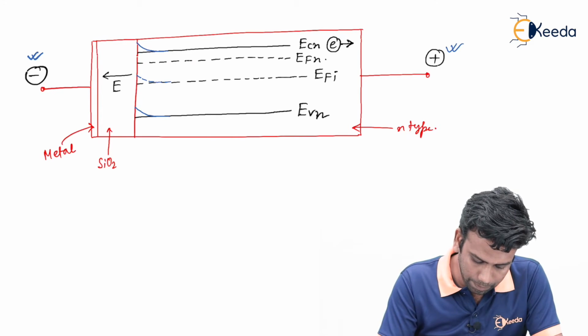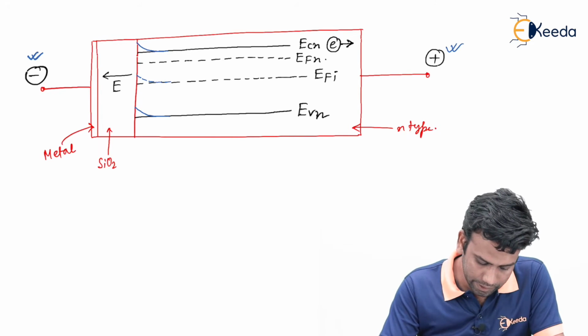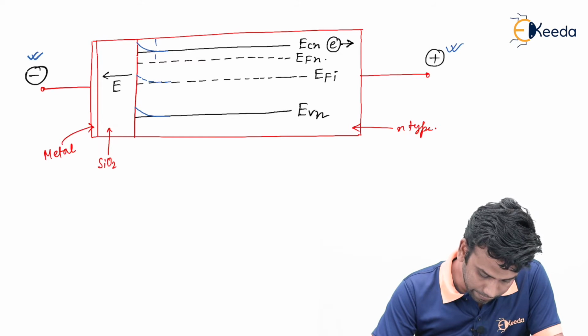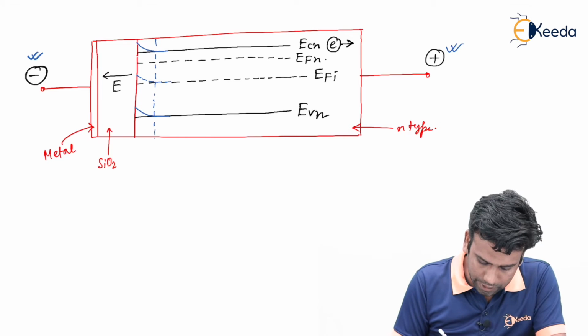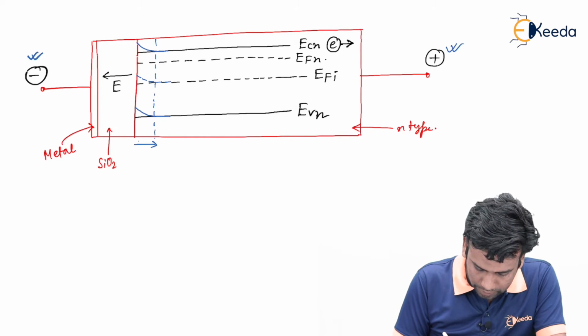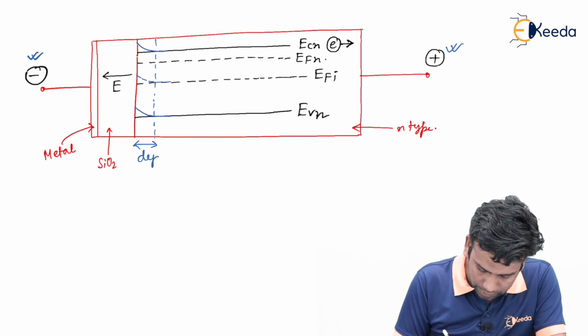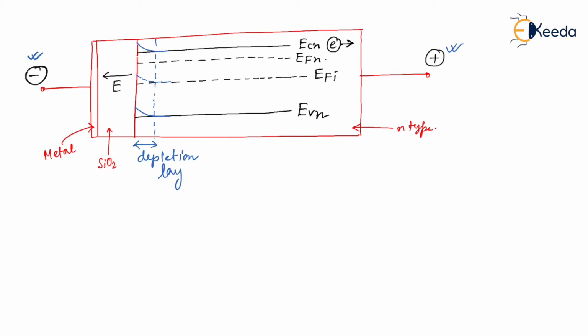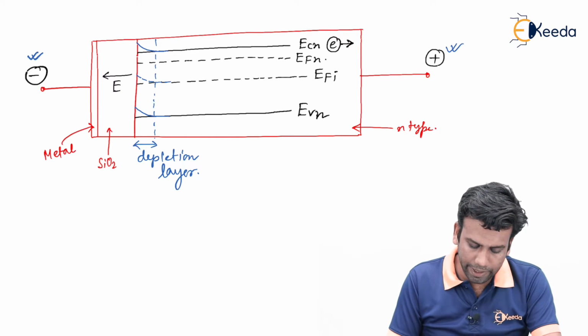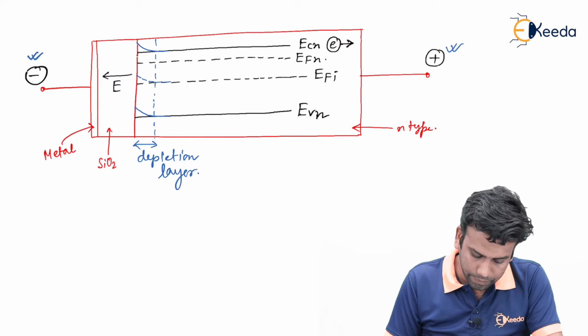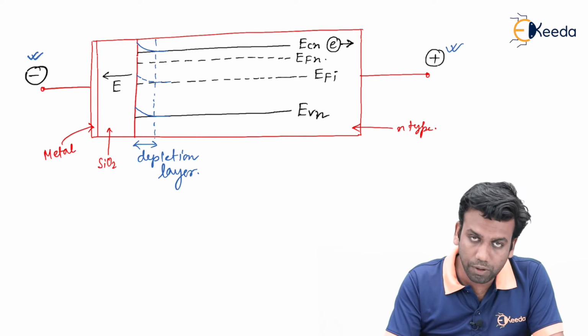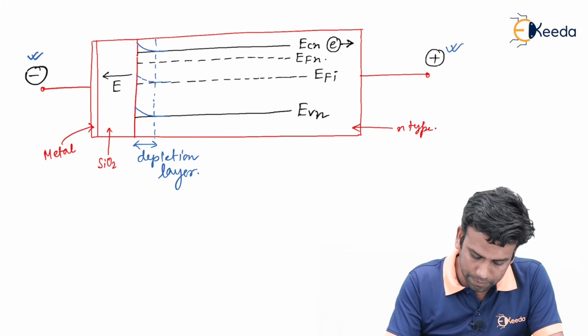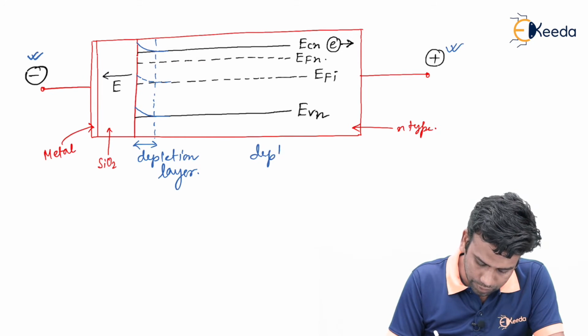So this type of band bending will take place near the interface of the MOS capacitor, and this is the interface or depletion layer. So this is the band diagram of the MOS capacitor of N type substrate in the depletion mode.